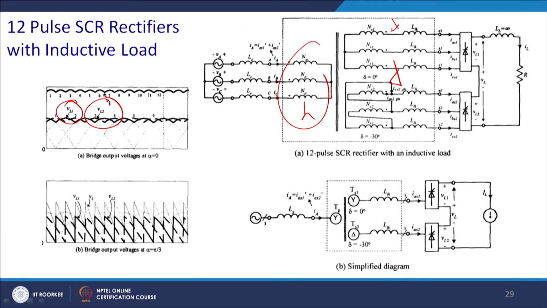You will have 12 ripples in the load, and we assume that the value of the inductance is quite high and IL is continuous, so you will have different VL1, VL2, and ultimately you get the pattern VL here for alpha equal to pi by 3.